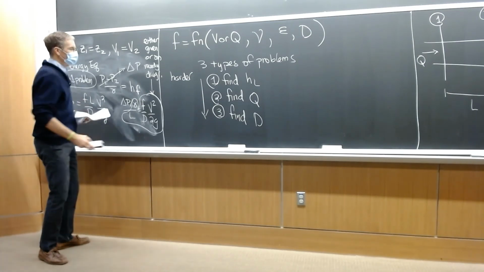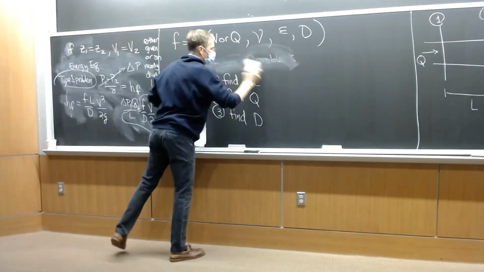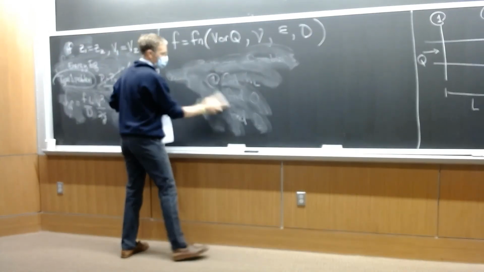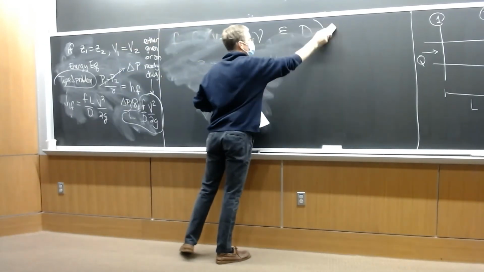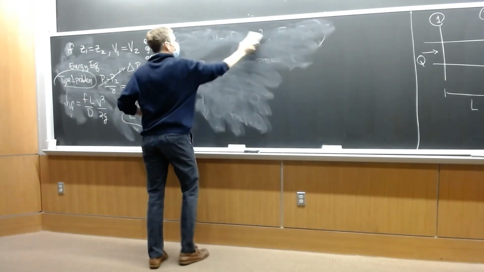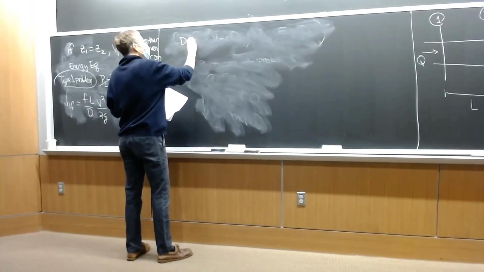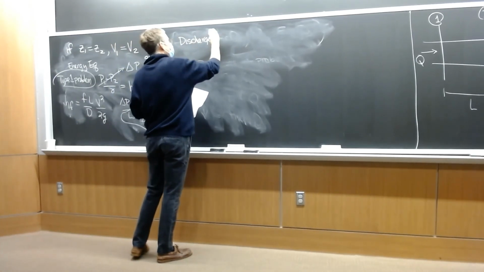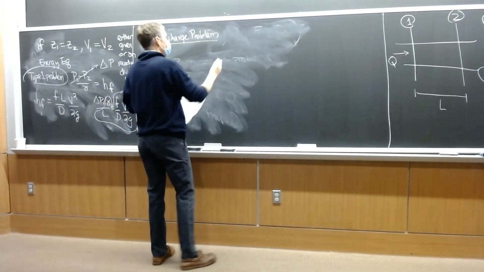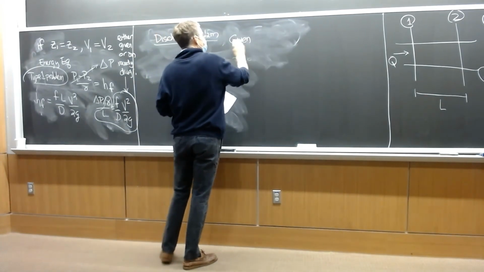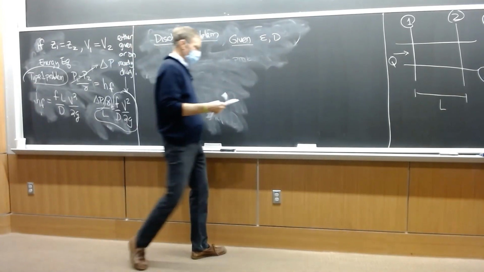All right, so let's think in general about that next kind of problem, the find the Q, or sometimes called the discharge problem. We know what the pipe's made of, and we know its diameter.